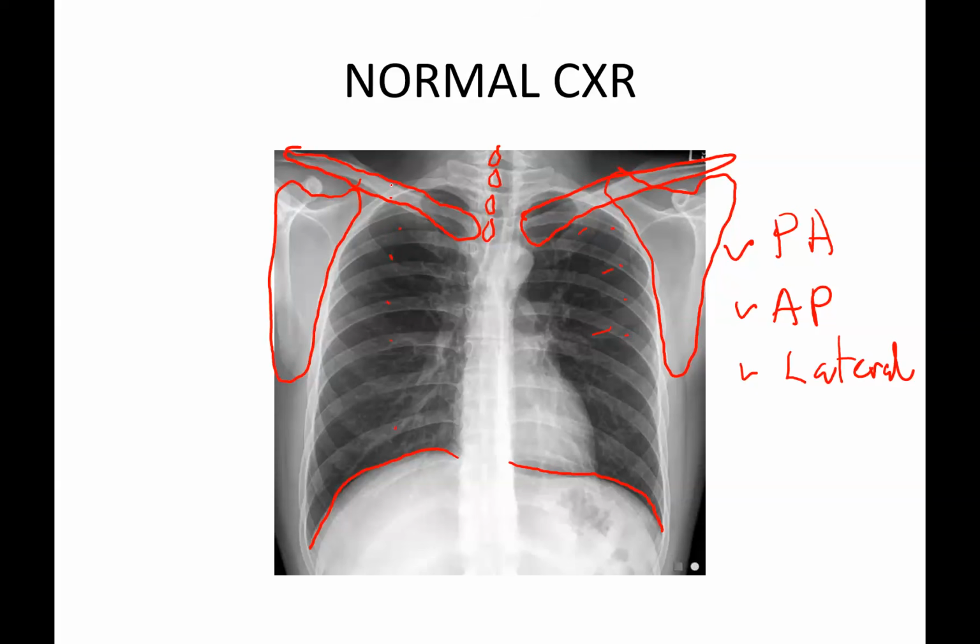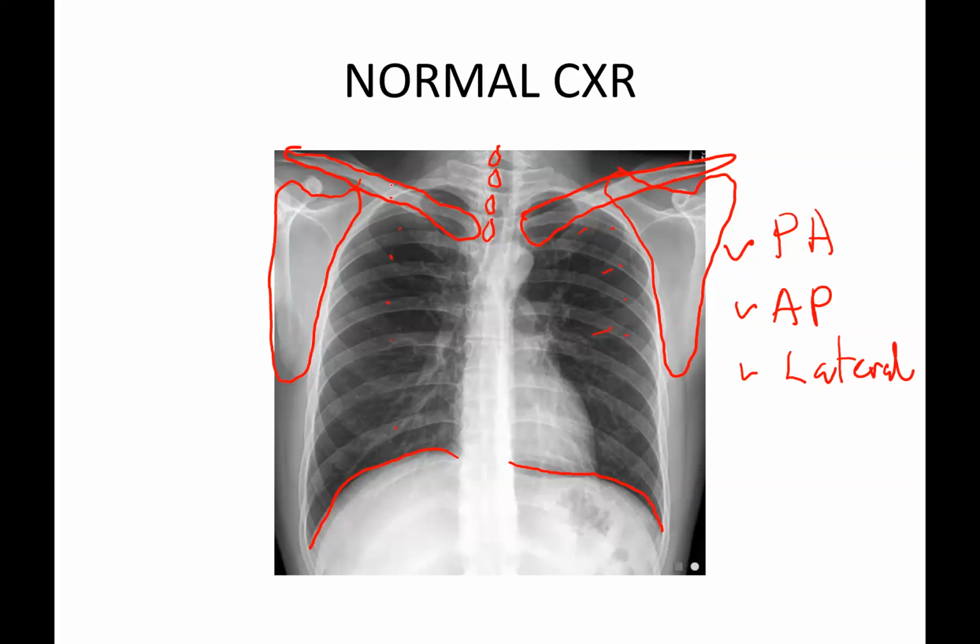The lateral view is usually used in differentiating patients. In a patient with cardiomegaly, you want to differentiate whether the cause is pericardial effusion or the enlarged heart itself.